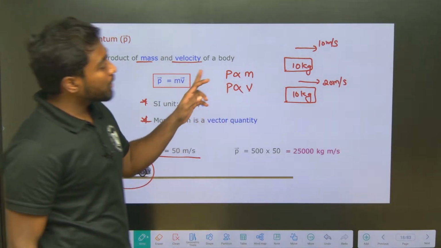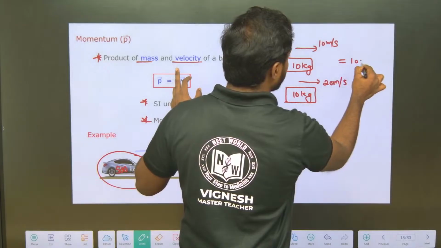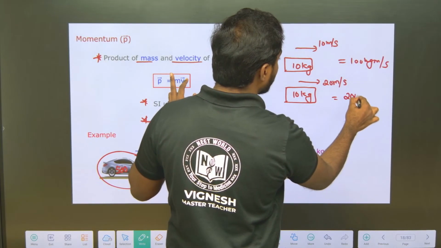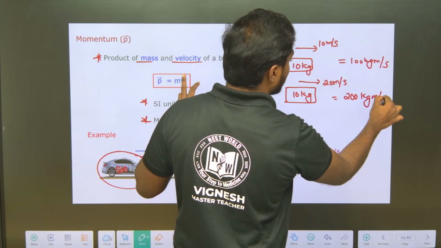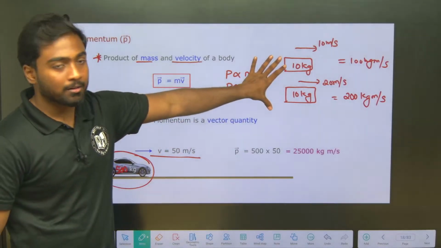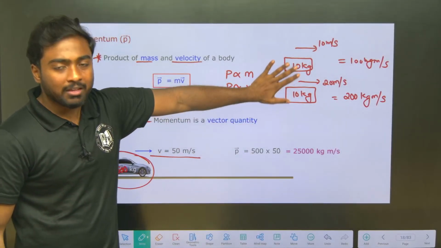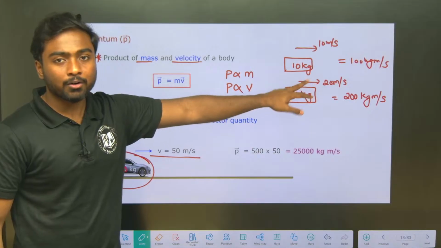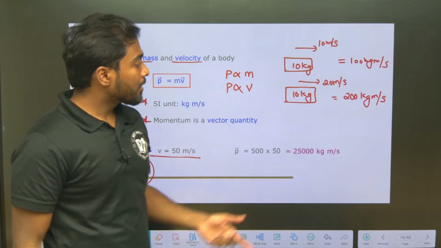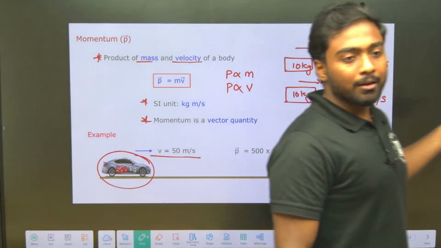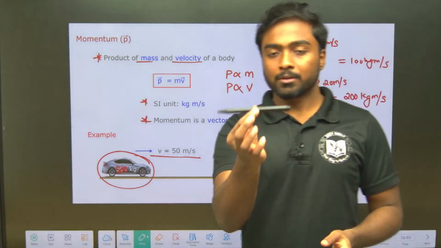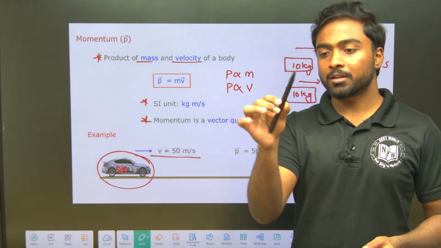The first one's momentum is 100 kg meter per second. The second one's momentum is 200 kg meter per second. Which one will have higher impact? The objects have the same mass, but the velocities are different, so obviously the second one will have the higher impact.